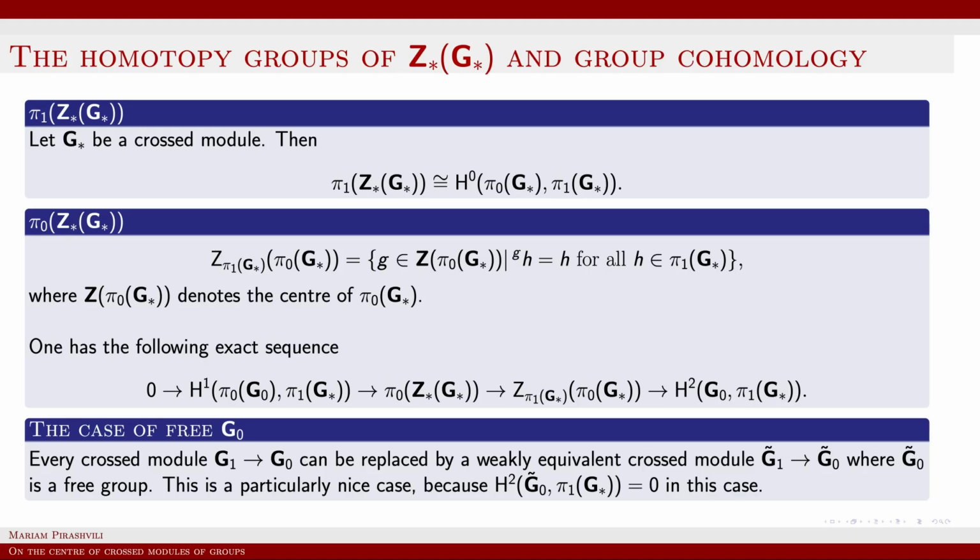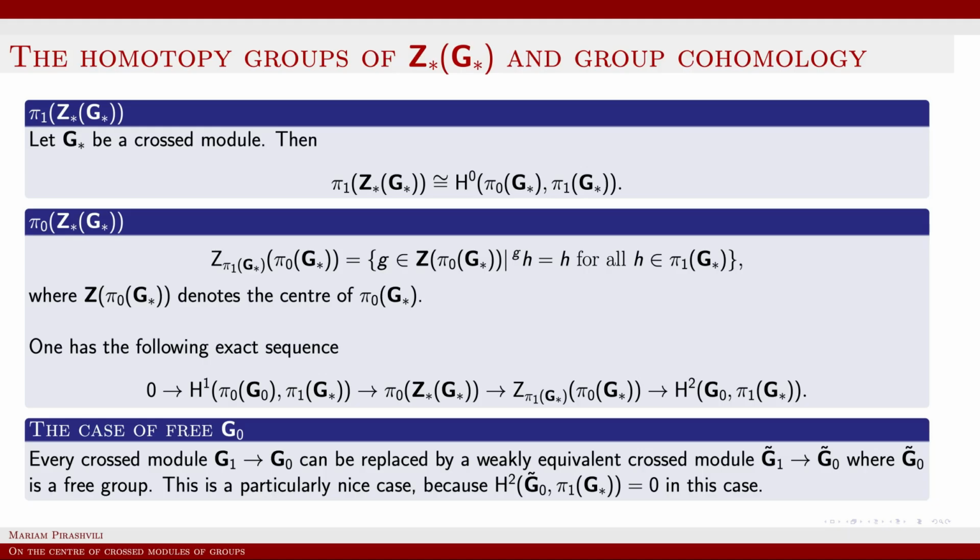So right here we have these two invariants pi 0 and pi 1, and somehow we want to investigate what they are going to be. For pi 1 we have a straightforward result that can be computed by the group homology of pi 0 of the original crossed module with coefficients in pi 1 of the original crossed module. So we can see this is going to be nice and invariant and so on.